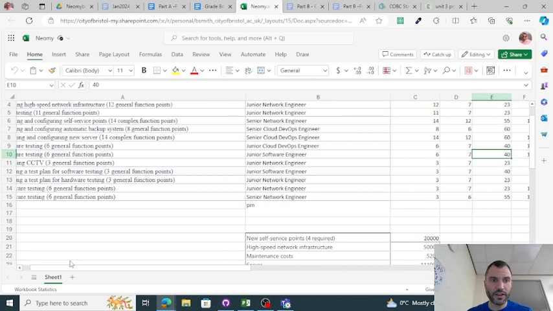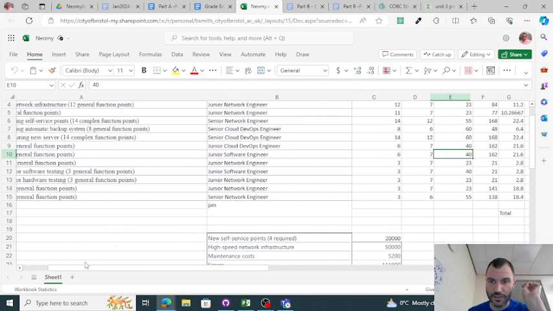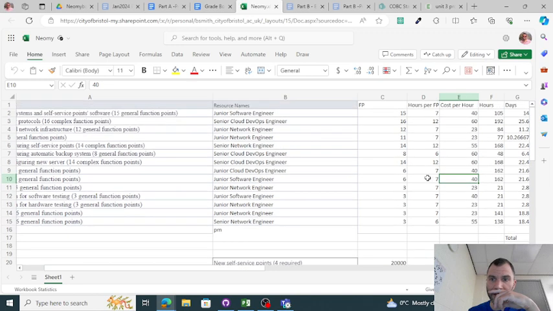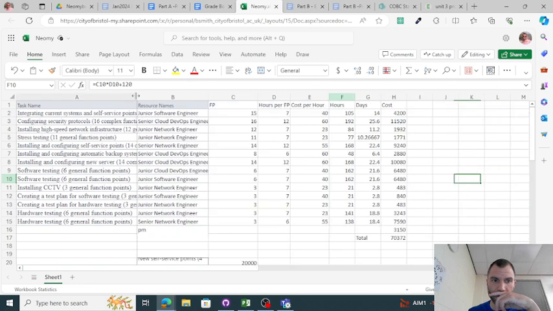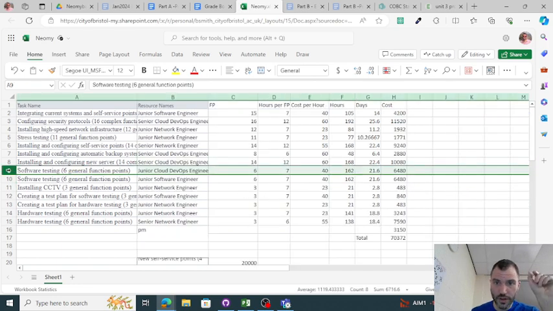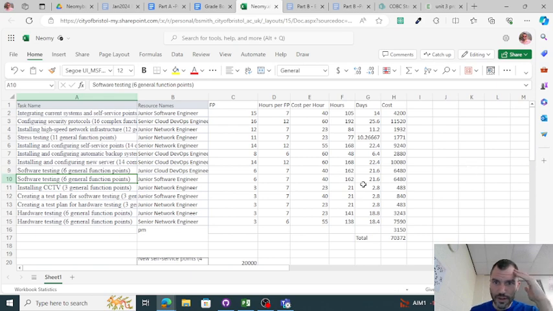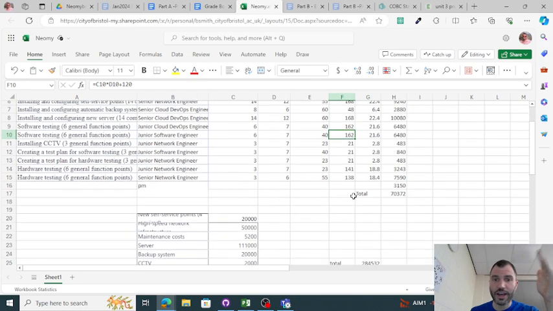I actually ended up, because it was 80 days, right? I had 80 total days here. No, 162. Let's just find out the right one. Yeah. Make that a bit smaller so I can see everything on one screen. The software and the software testing, it came to, included in the original software testing, adding that on.